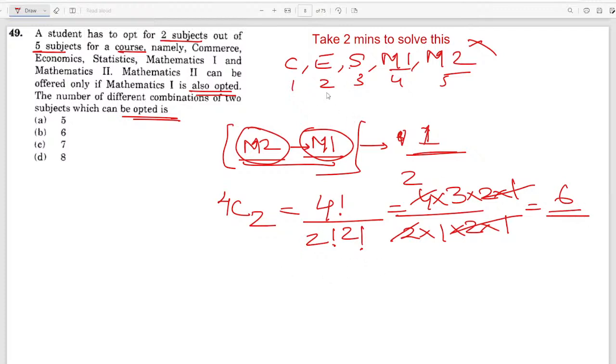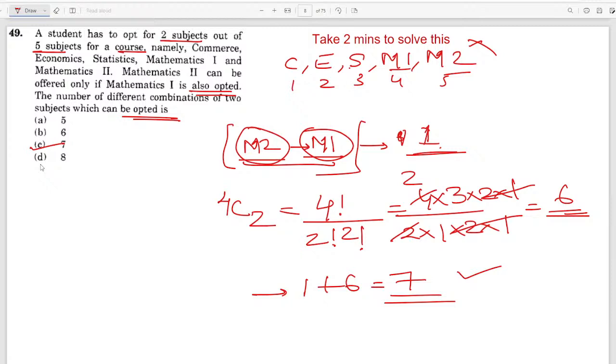So out of these 4 subjects, selecting 2 subjects is 6 ways. And M2 and M1 together is 1 way. So the total is 1 plus 6, that is 7. So a student can opt for these 2 subjects in 7 different ways. The answer is option C.